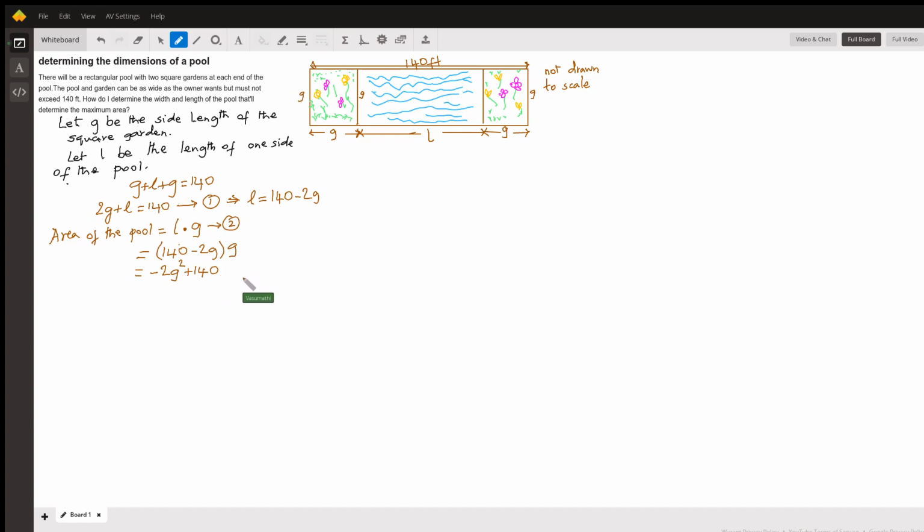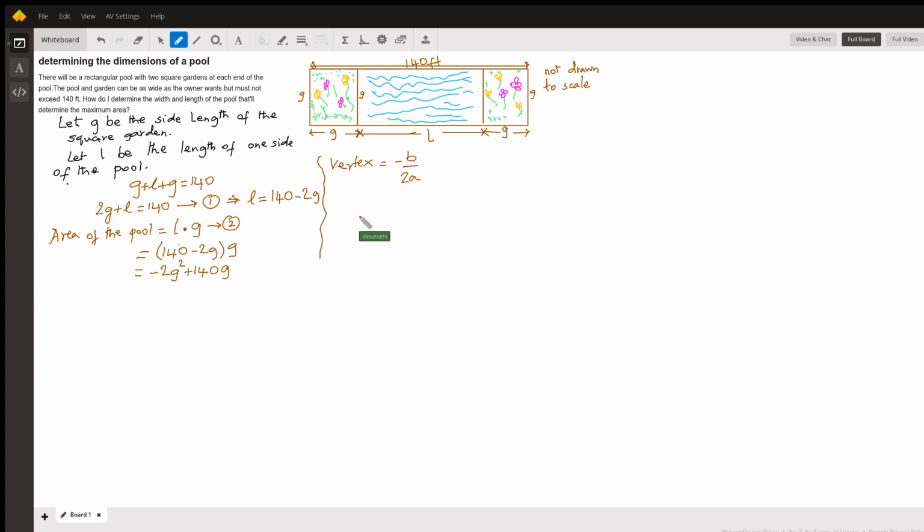The vertex for the quadratic function is given by negative b over 2a. B is the coefficient of the variable G, which will be 140 here.